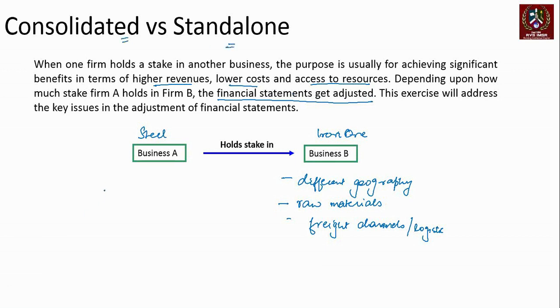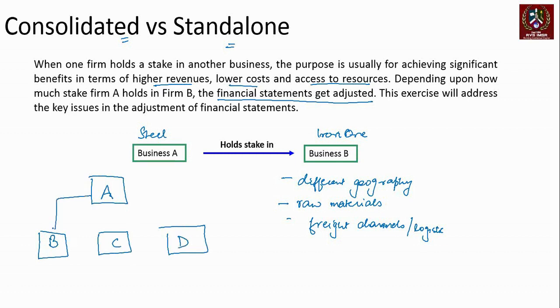In simple terms, let's say business A holds stake in business B. So that's A, that's B, that's, let's say, C, and let's say D. Business A holds 100% of business B, which means business A is 100% owner of business B, holds 60% in business C, and holds 20% in business D.